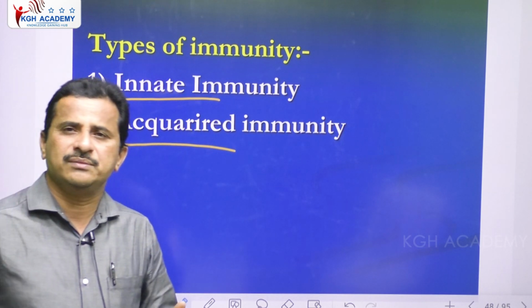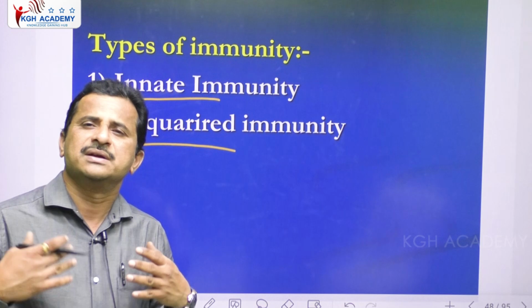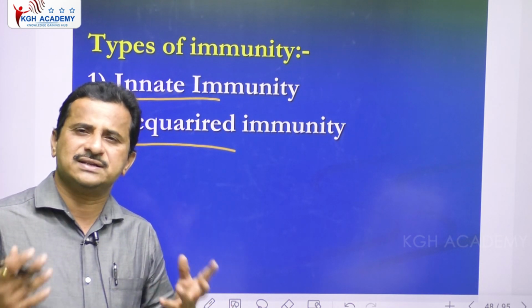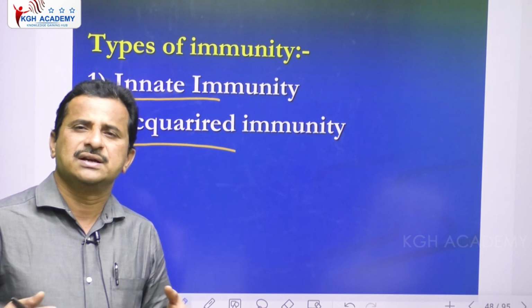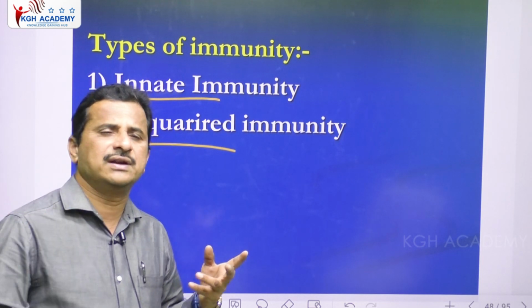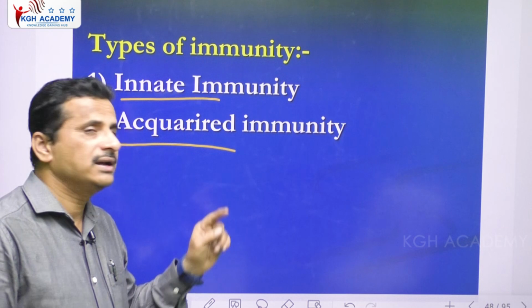Acquired immunity means that after birth, by different methods, our body develops some resistance mechanism. Because of various factors, natural infections, or vaccines, our body develops this resistance mechanism, which is called acquired immunity.